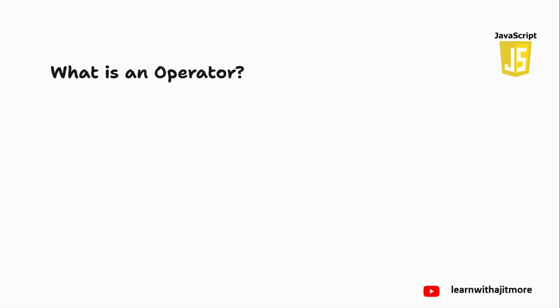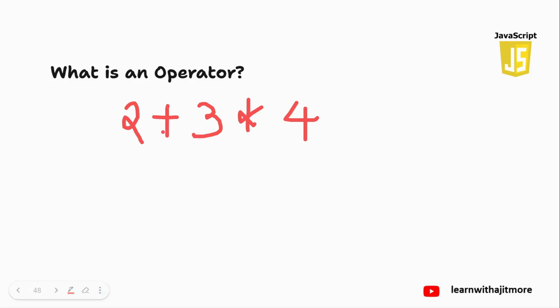And if you want to override the standard precedence, then use brackets. Like I am writing 2 plus 3 into 4. Okay? So by rule, it is going to do multiplication, 3 into 4, 12, 12 plus 2, 14. But you want addition to be done first. Then you explicitly put brackets.